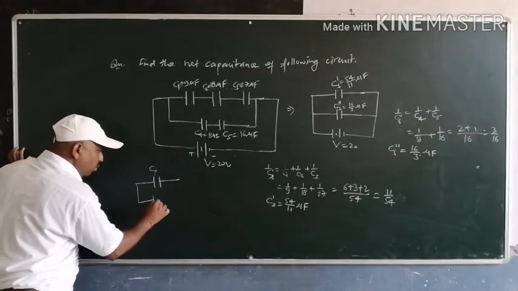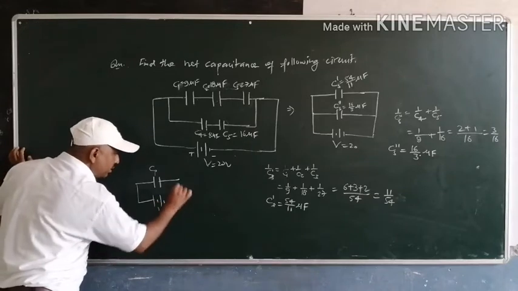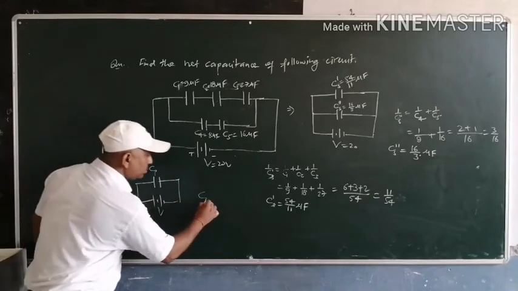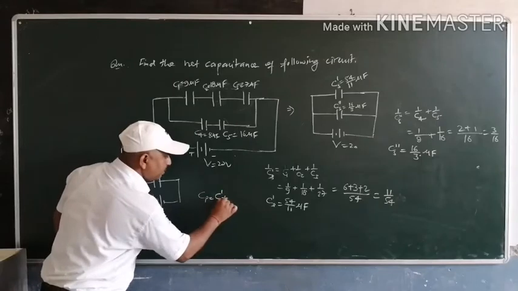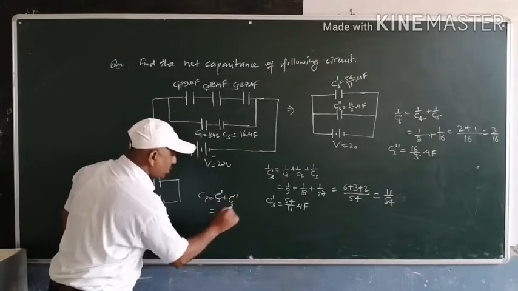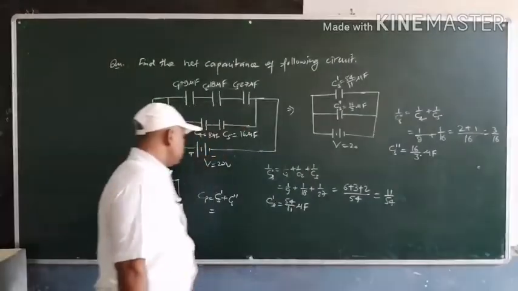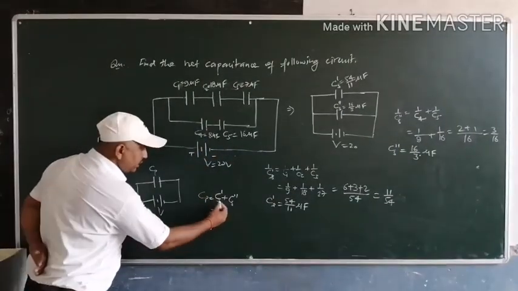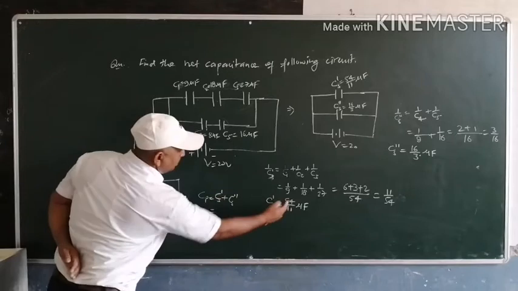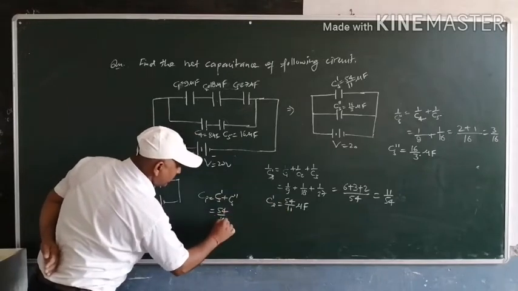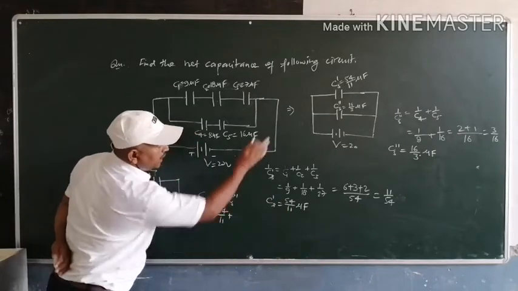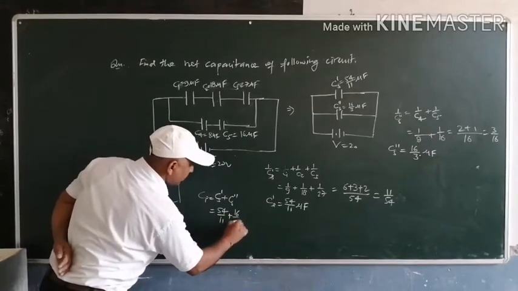Then the value of Cp will be equal to Cs dash plus Cs double dash, because these two capacitors are connected in parallel. So Cp equals 54 divided by 11 plus 16 by 3.